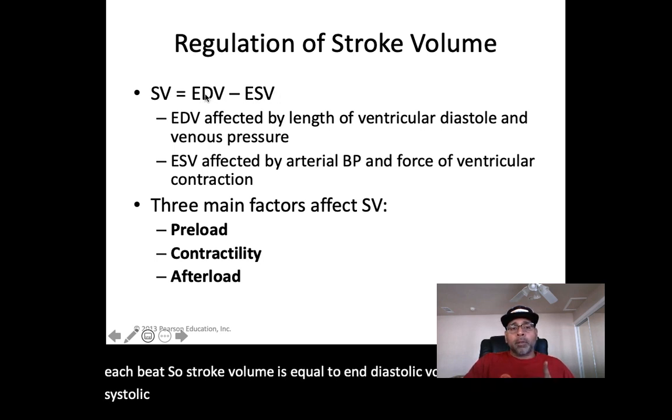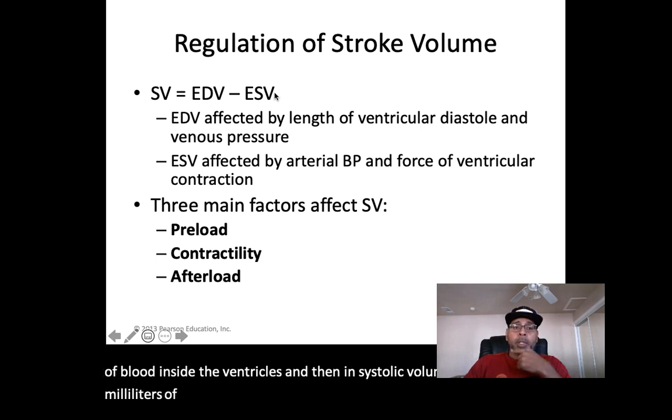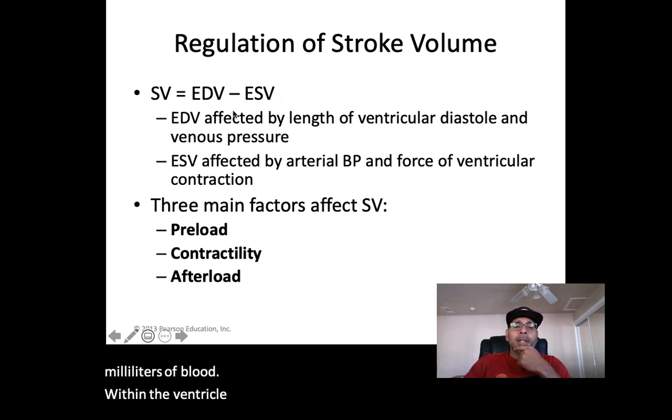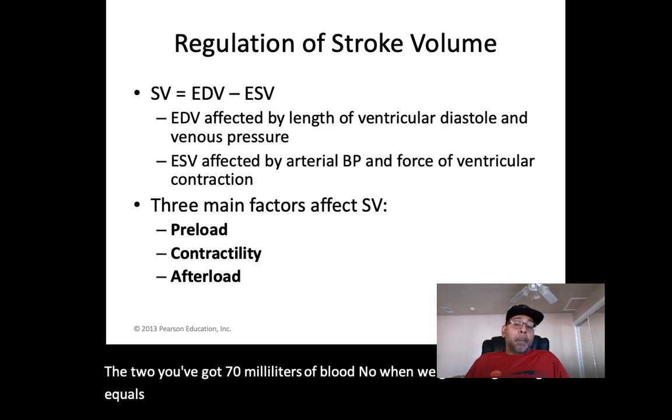We saw end diastolic volume to be 120 milliliters of volume of blood inside the ventricles. And then end systolic volume we saw to be 50 milliliters of blood within the ventricle. So minus the two, you've got 70 milliliters of blood. Again, it equals 70 milliliters of blood per beat. It's the volume of blood pumped by each beat.